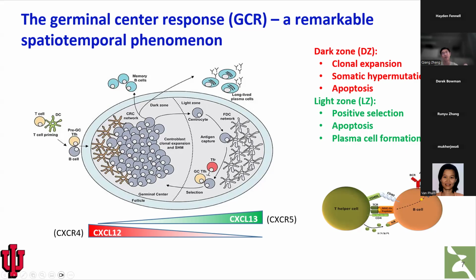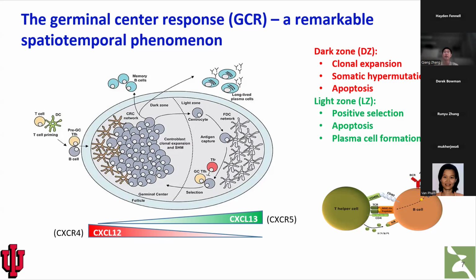And then the follicular dendritic cells secrete CXCL13 and establish an opposite polarity in terms of the gradient. Then the B cell will alternately express the receptors for these two chemokines, CXCR4 for CXCL12 and CXCR5 for CXCL13. Because these cells alternate expressing these two receptors, that causes these cells to cycle between these zones.